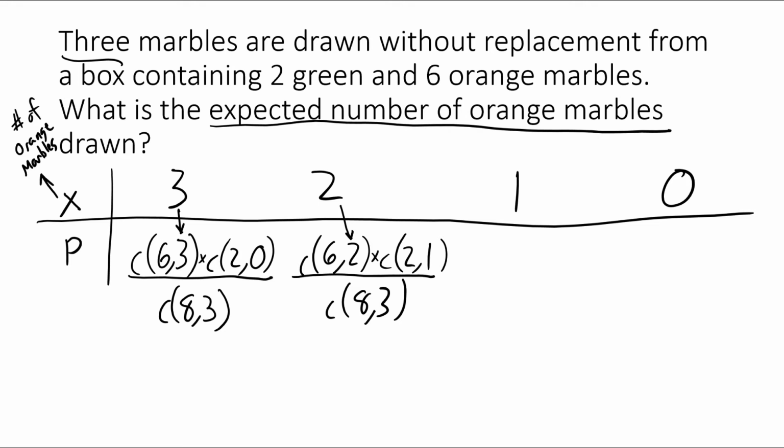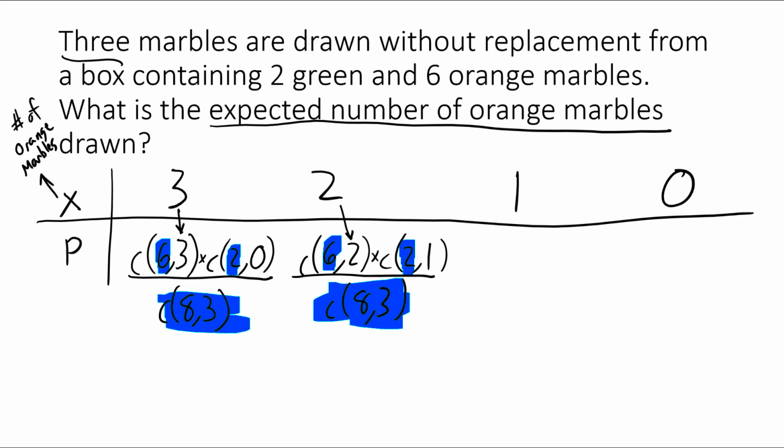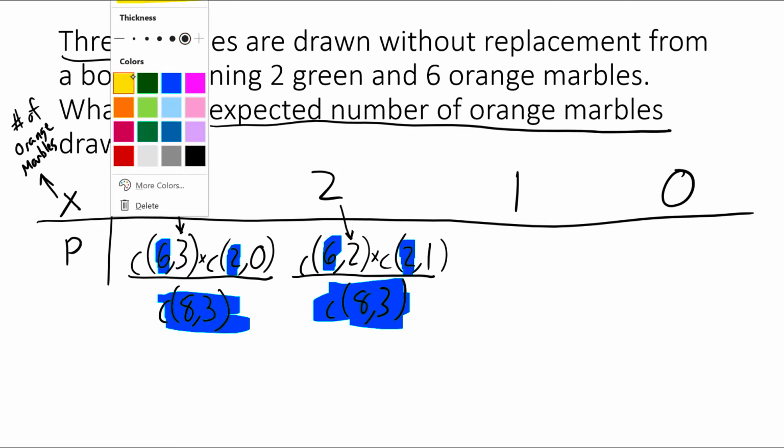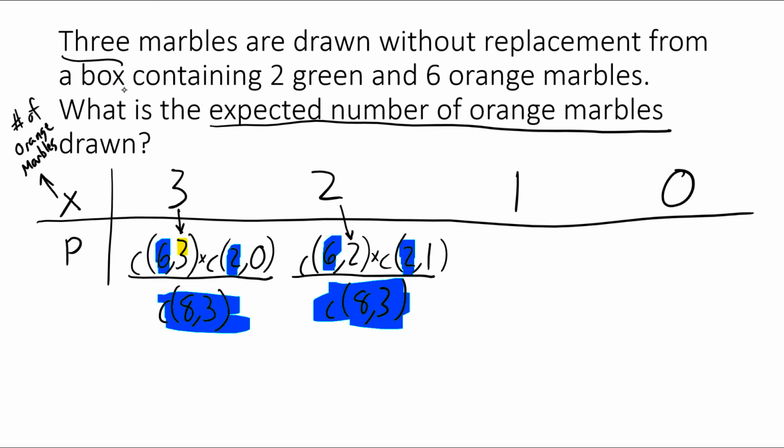So what you might have noticed so far is that a lot of these combinations are the same. The 6 stays the same, the 2 stays the same, and the combination 8, 3 stayed the same. Notice the only things that changed were the 3 and the 0 and the 2 and the 1.